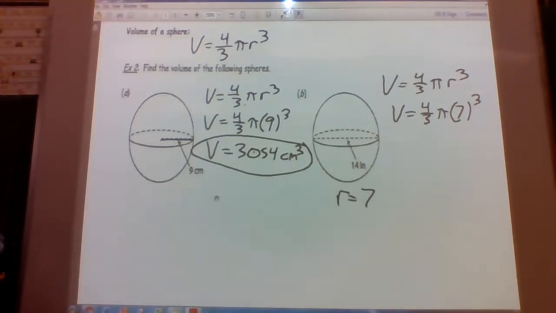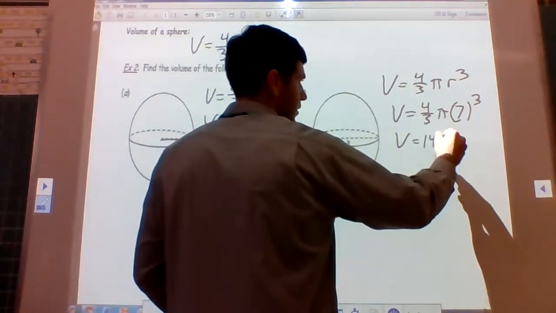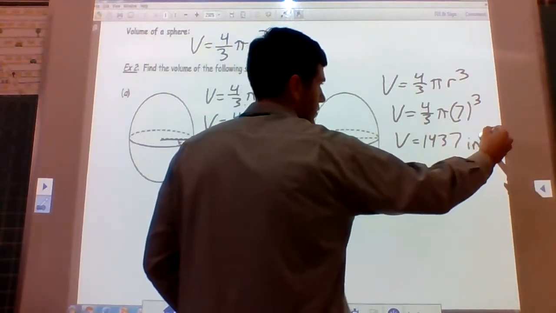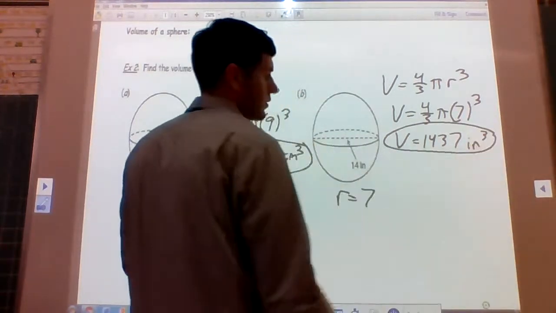So 4/3 times 343 times pi is 1437. And again, that is going to be inches cubed because it's volume, which is 3-dimensional.